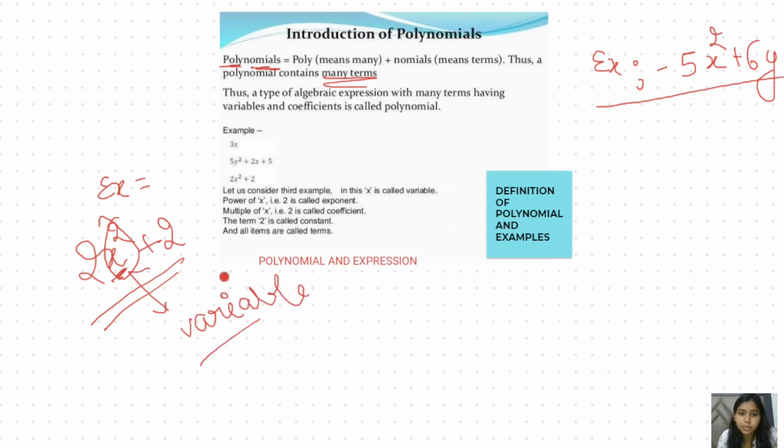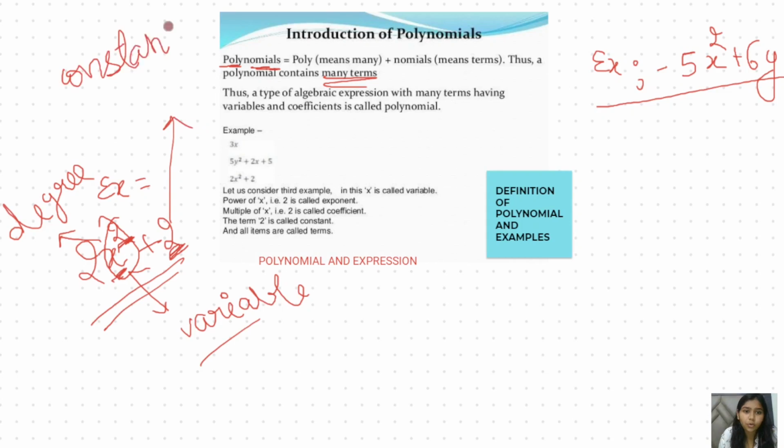It has a degree of 2, the degree or the power of x is 2. Then the term 2 is called the constant, which has no variable with it. So this whole expression is known as a polynomial.